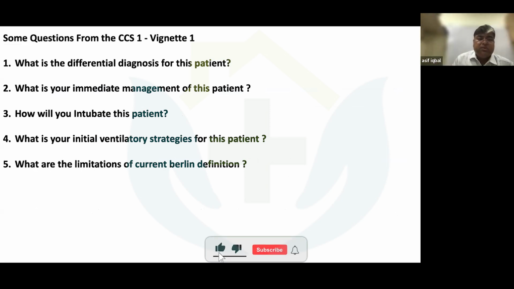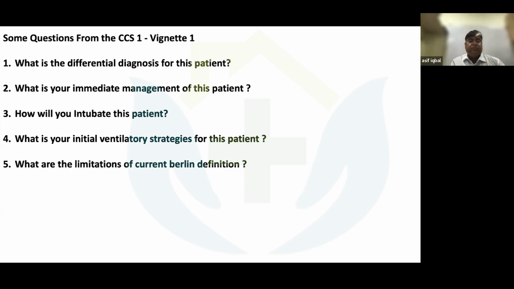From this scenario, they might ask: what is the differential diagnosis of your patient? What is your immediate management of this patient? How will you intubate this patient? What is your initial ventilator strategy for this patient? What is your tidal volume limitation, and the definition of ARDS?